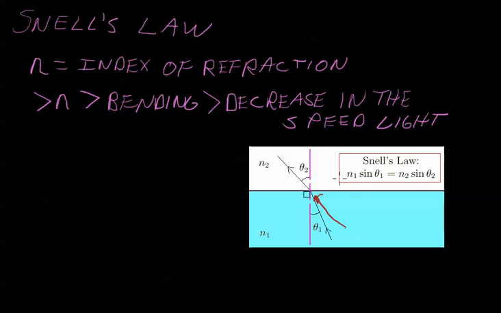So you have this formula here, n1 sine theta, and again here's theta from the normal to the incident ray, and that equals the refractive index of whatever material this is, and then the sine of the angle that's formed here. You do have a page of problems on here.